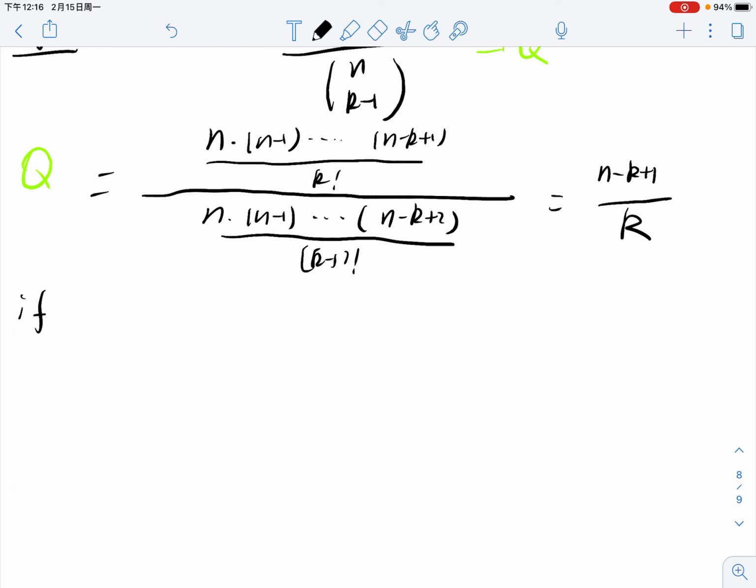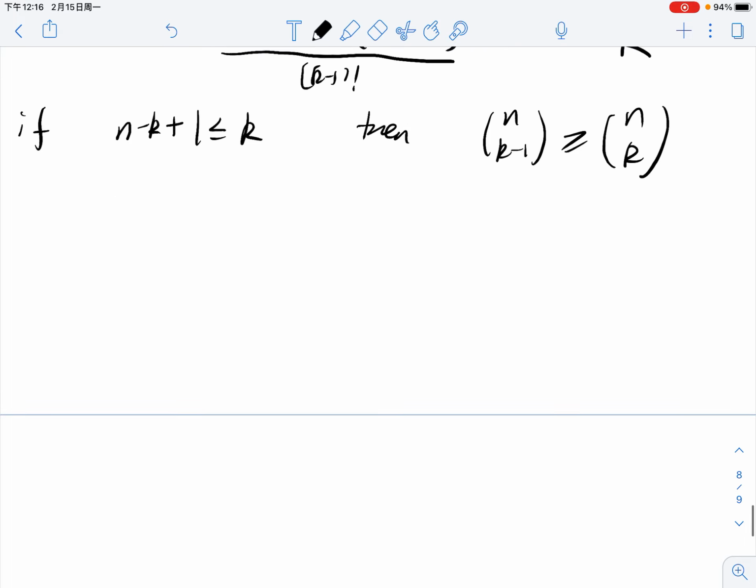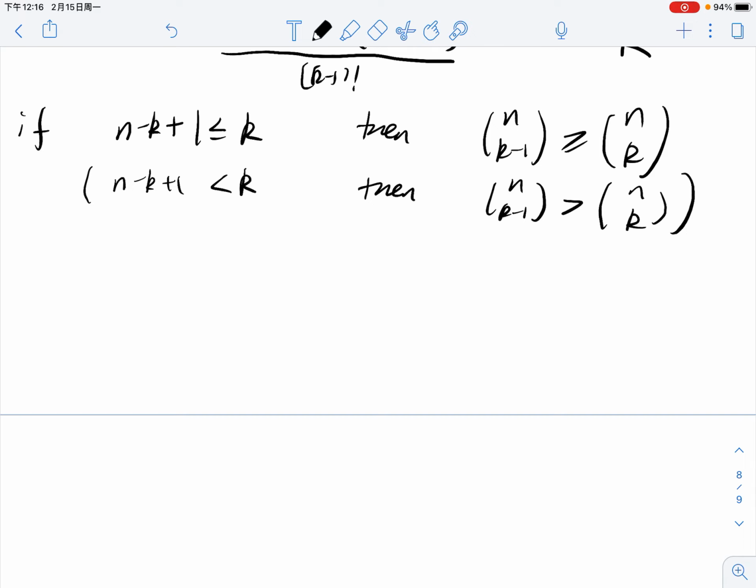Okay, then if n minus k plus 1 is less than or equal to k, then n choose k minus 1 is greater than or equal to n choose k. And in particular, if the inequality is strict, then you also have a strict inequality between binomial coefficients.